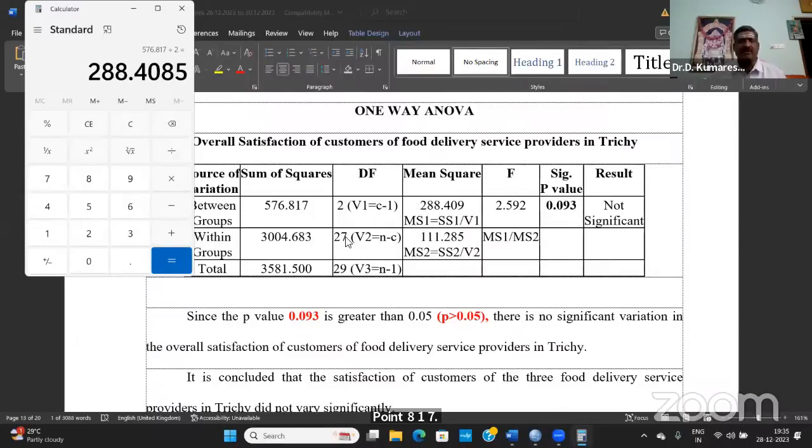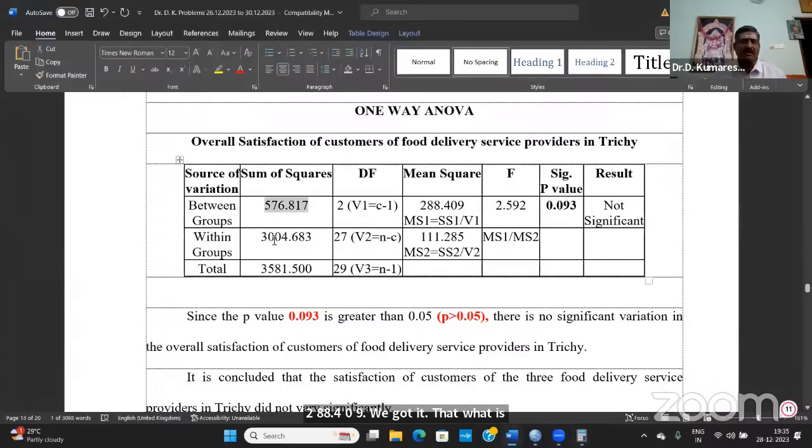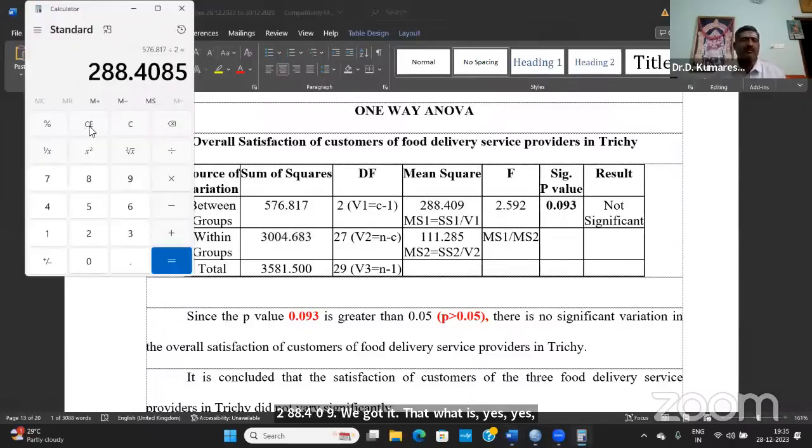We got it. Then SS2, 3004.683 divided by 27.